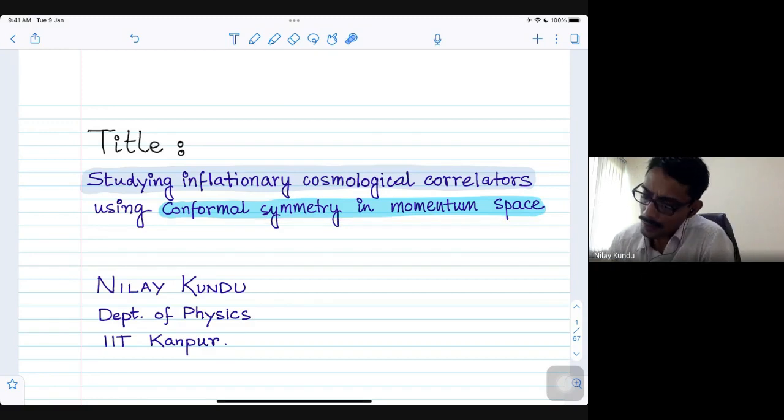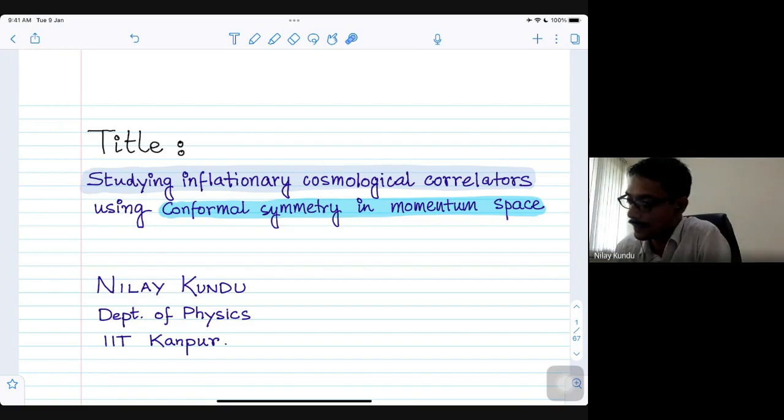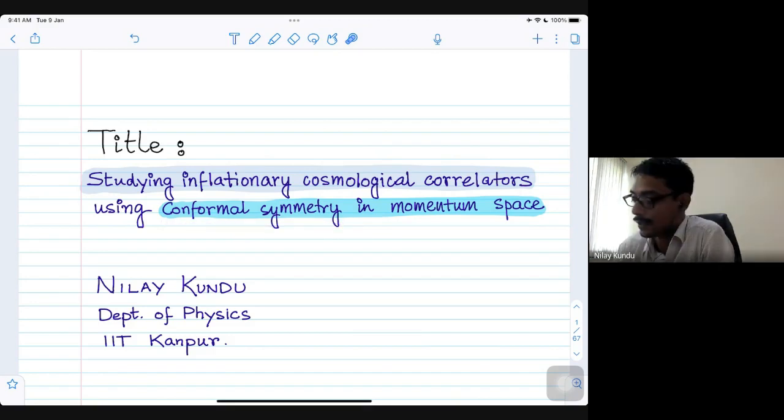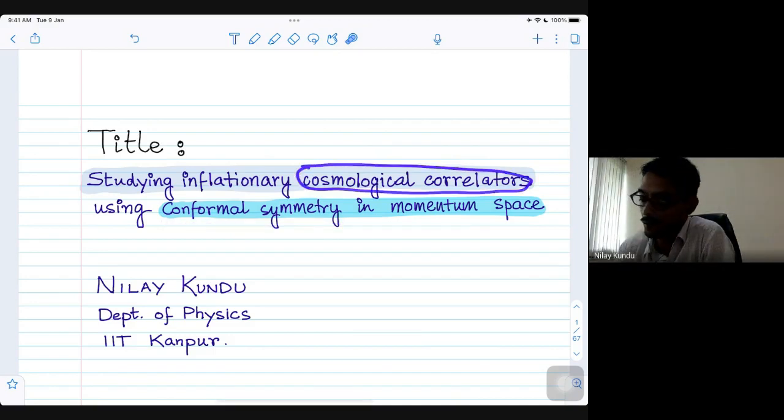I'll start by explaining the various things mentioned here. We will try to understand what inflation is, then what cosmological correlators are, and at some point I should be able to convince you that using techniques of conformal symmetry in momentum space, we can learn a lot about cosmological correlators during inflation.